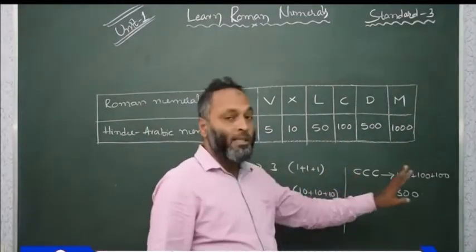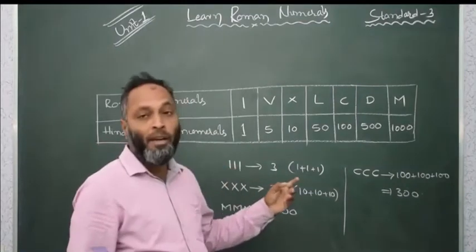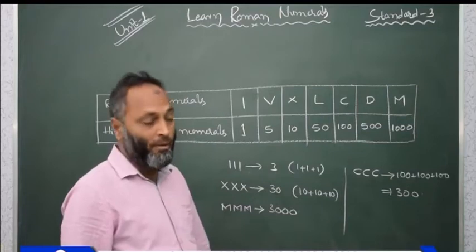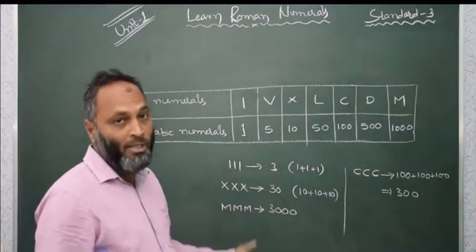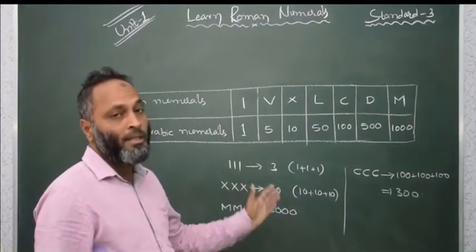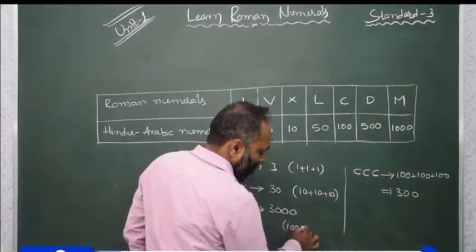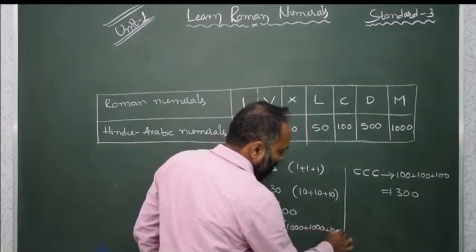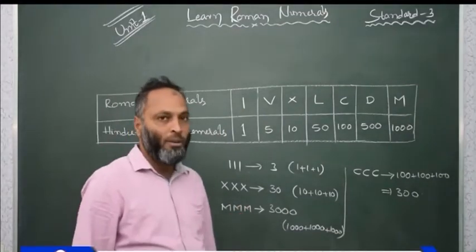C repeated thrice, we add; I repeated 3 times, we add; X repeated 3 times, we add. Similarly 1000 is the same. If M repeats 3 times, it is 1000 plus 1000 plus 1000. This is the representation in Roman numerals.